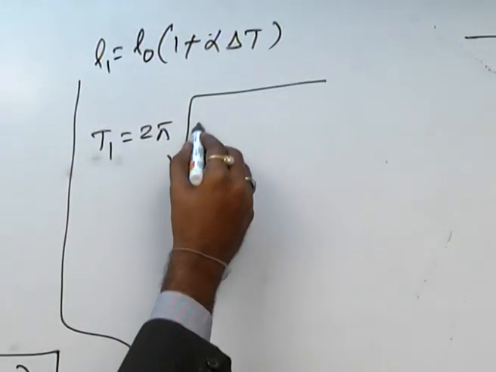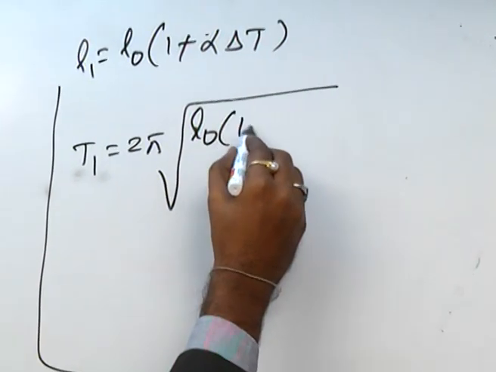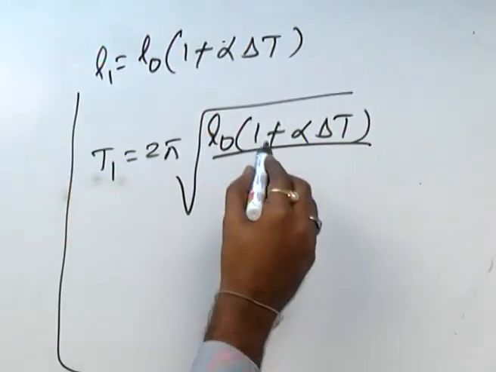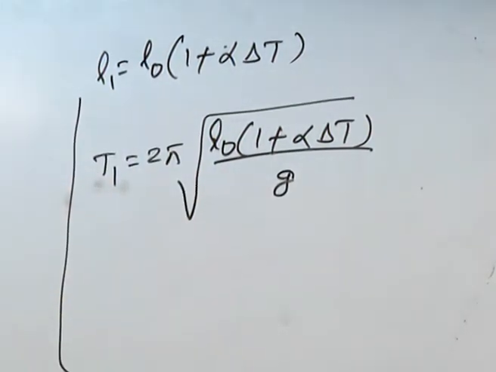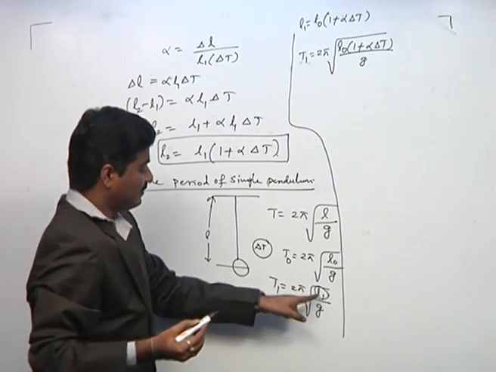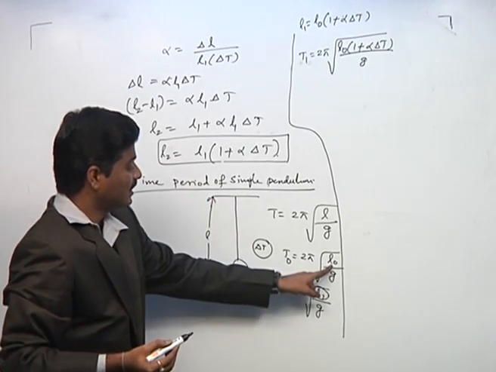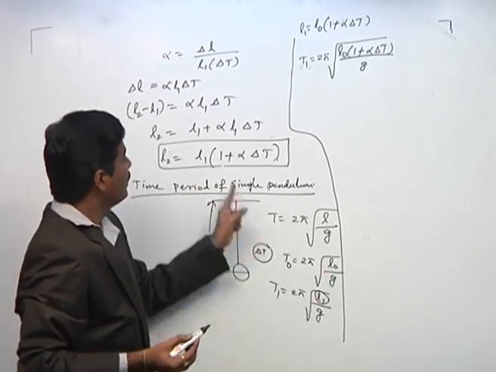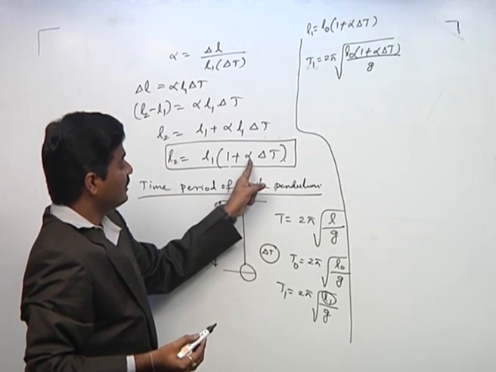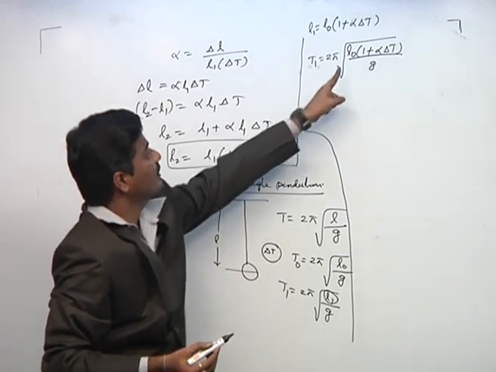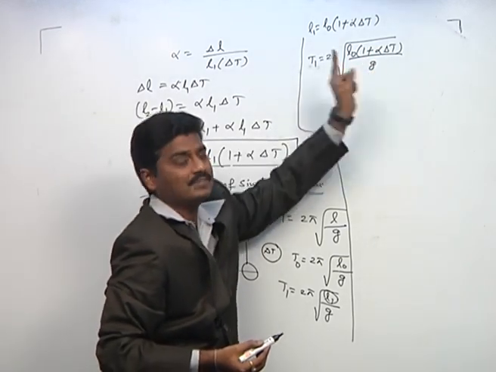See, I am writing this L0 into 1 plus alpha delta T by G. Simply, in the place of L1, I am applying this equation. This is the initial length, so here we are considering L0 is our initial length. Again, alpha is the coefficient of linear expansion. Here our assumption is delta T, the temperature increases. That's what we are writing, L0 into 1 plus alpha into delta T by G.